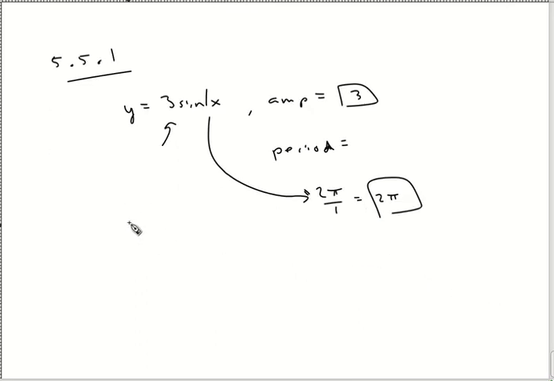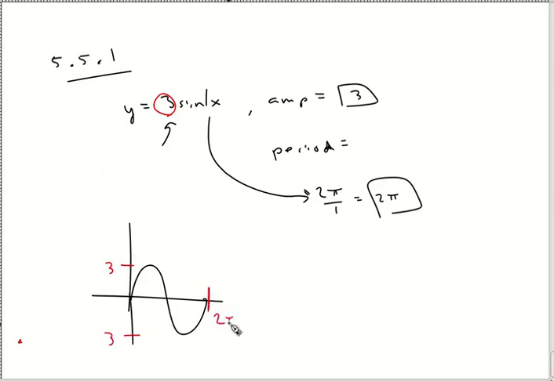And then they say graph this. And so here we go. I'm going to graph a sine. There you go. Ta-da! Well, there's more to it, of course. It's multiple choice. So you're going up and down to 3. And then way out here is the 2 pi.